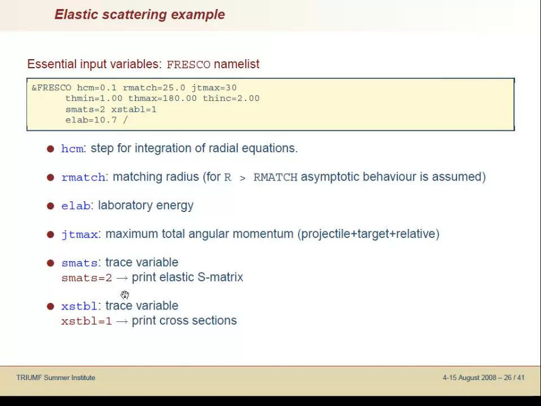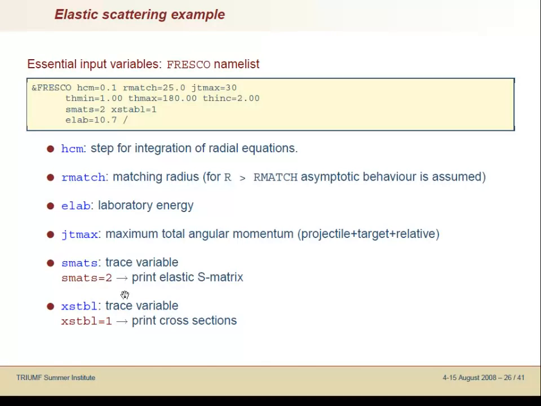Then there are a few trace variables that control the amount of output that we want to get. Of course, if we specify many of these, the output will be huge and difficult to interpret. So we just specify those variables in which we are really interested. For example, it's always useful to have information on the S matrix, at least on the elastic S matrix.